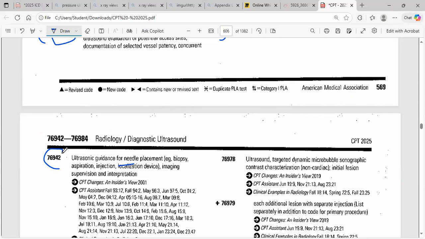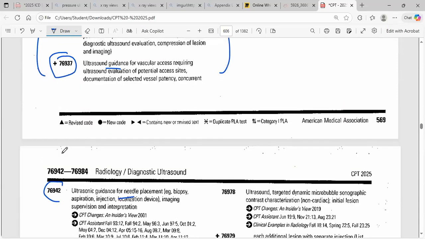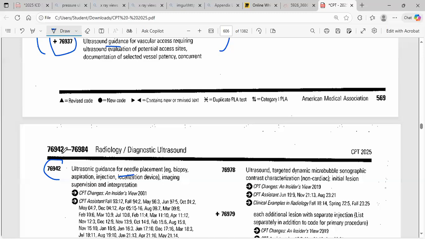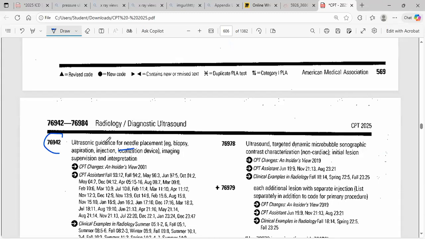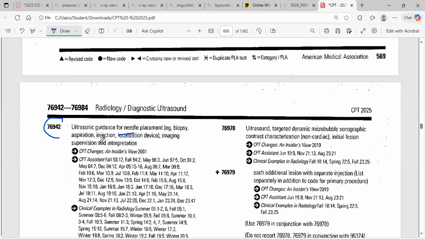So 937 is for the vascular access, 942 is for the non-vascular procedure. Non-vascular means non-arterial and veins procedure. These two codes are for the ultrasound, and we have to use these codes in conjunction with the primary procedure.